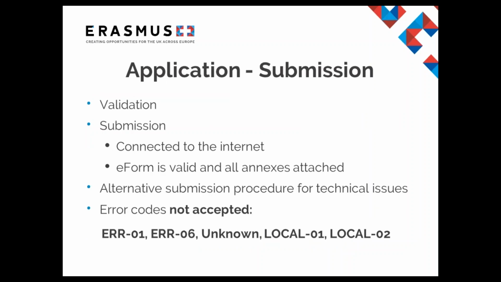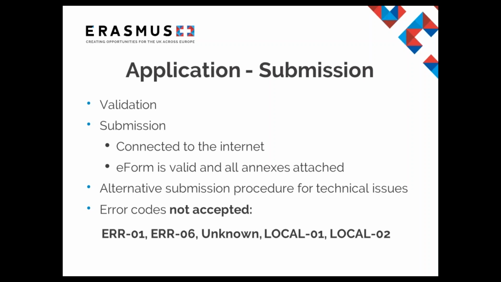You must ensure that you have validated all sections of the application before completing. You will need to ensure that you are connected to the internet in order to submit your completed application. You should also ensure that all sections of the form are valid and all annexes are attached before completing the form. If there are any technical issues preventing the form from being submitted, it will say error under status.